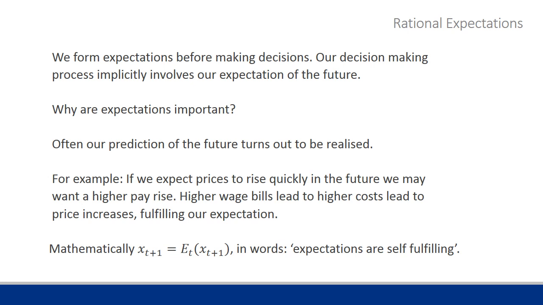It also turns out that expectations tend to be self-fulfilling or turn out to be realized. As we use expectations for our decisions, we are using the future as part of our decision-making process today, and so often the future is determined by our expectation the previous period.